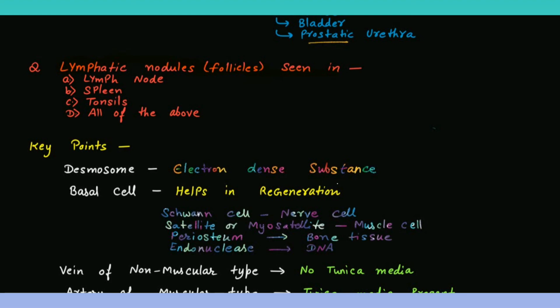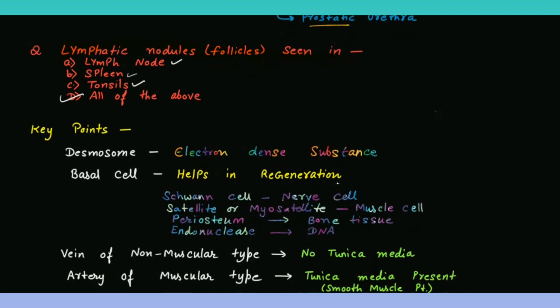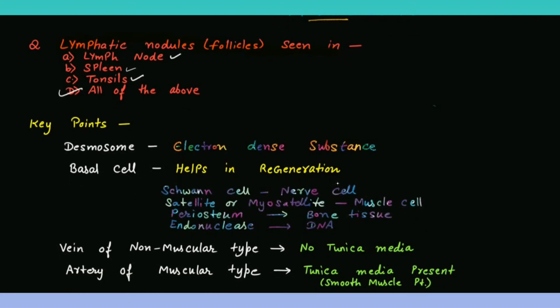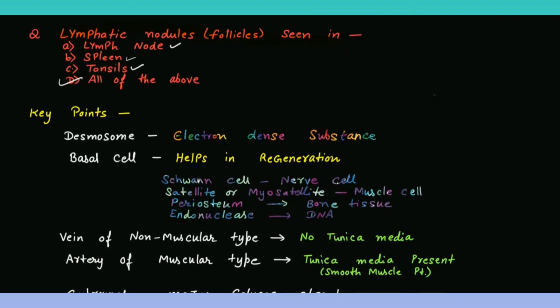Lymph node, yes, they have lymphatic nodules or follicles. Spleen, yes, the spleen also has them. Tonsils, yes. So the answer is all of the above. Lymph node, spleen and tonsils all have lymphatic nodules or follicles.